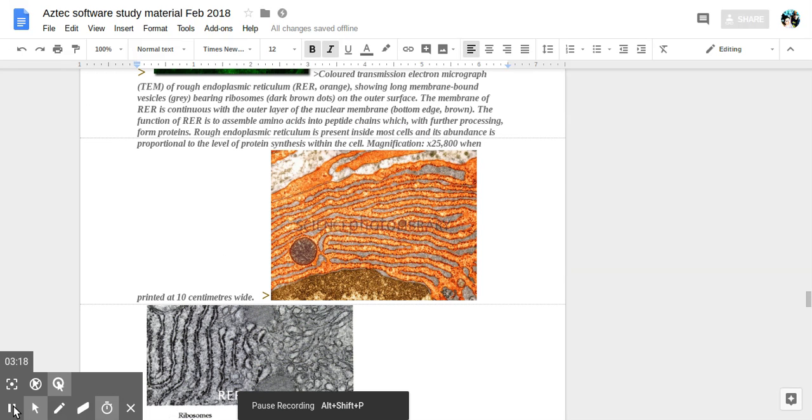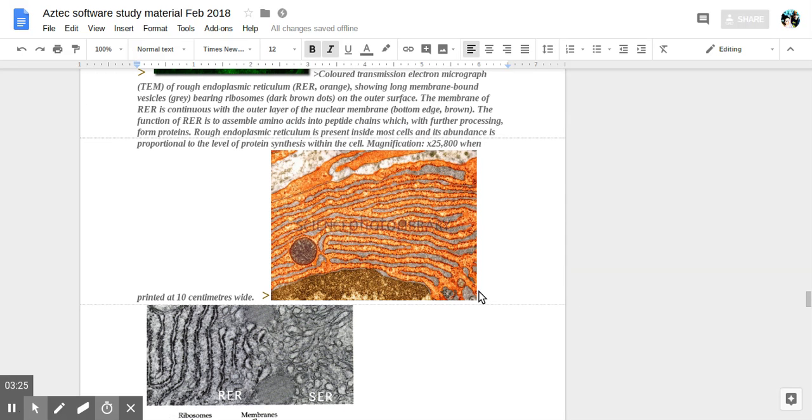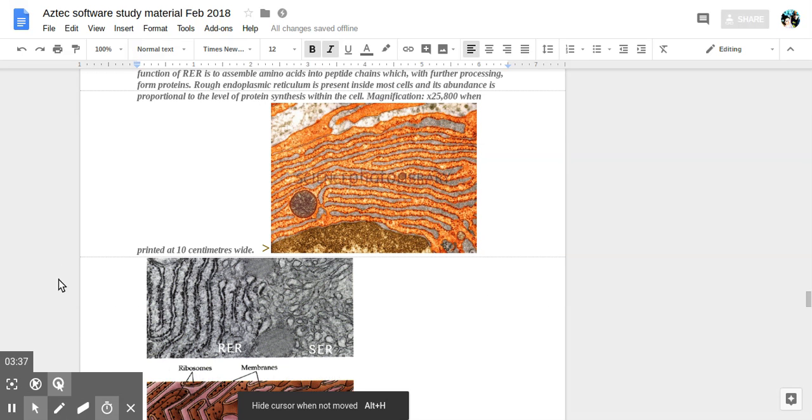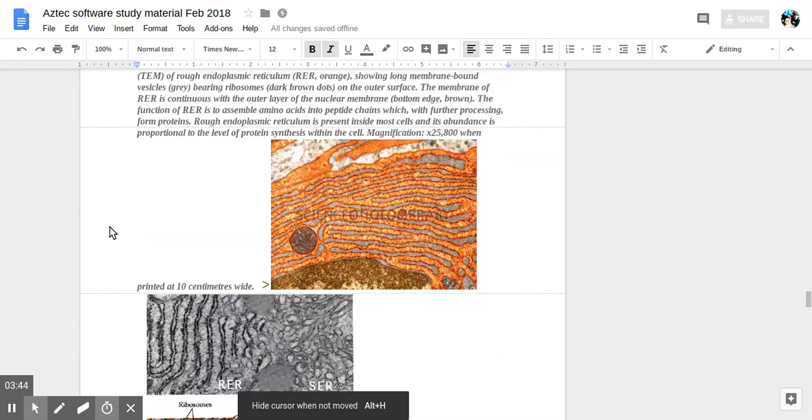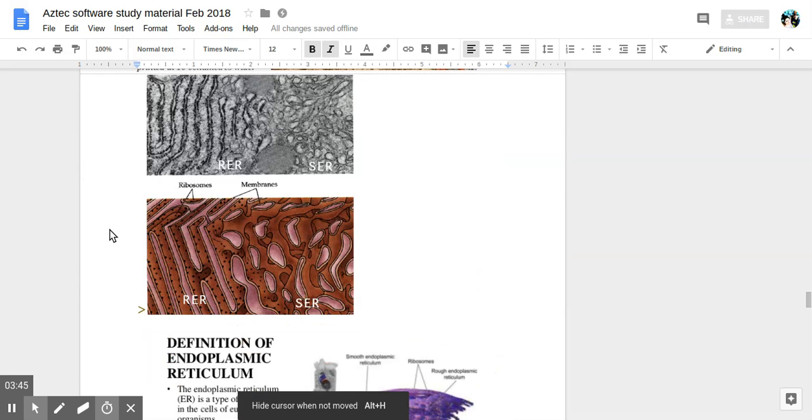In gray you have vesicles, and then ribosomes as well. Ribosomes are where proteins are produced.